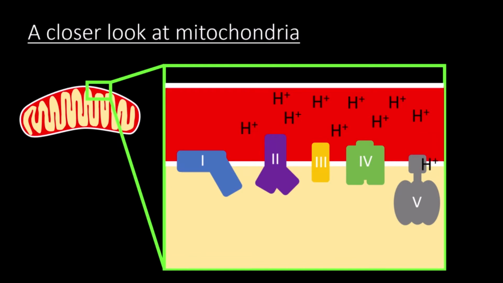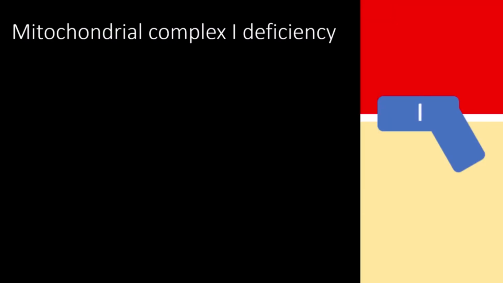As the hydrogen ion passes through complex 5, an ADP and P molecule are combined to form an ATP molecule, which can then be used in a variety of cellular functions. As you can imagine, any problems in one of these proteins can drastically affect how ATP is produced in the mitochondria, and by extension, normal cellular, tissue, and organ functions.